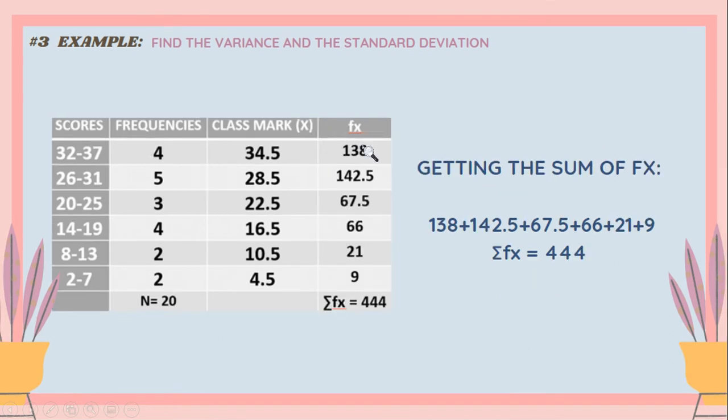Then after finding the answers for fx, you need to get its sum. So 138 plus 142.5 plus 67.5 plus 66 plus 21 plus 9 is equal to 444. So 444 is our summation of fx.